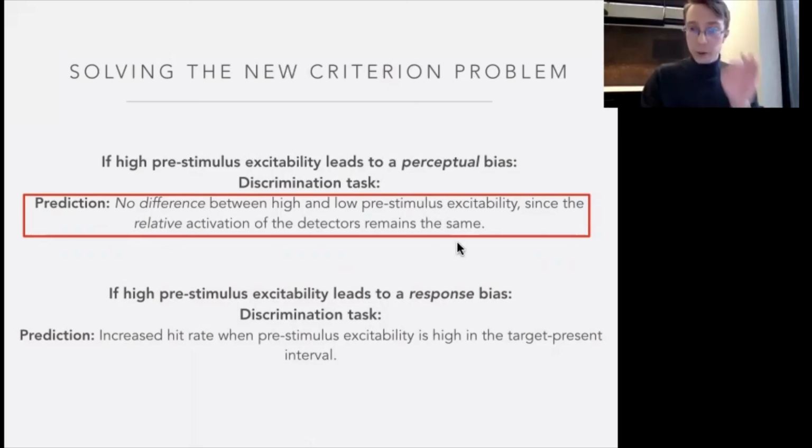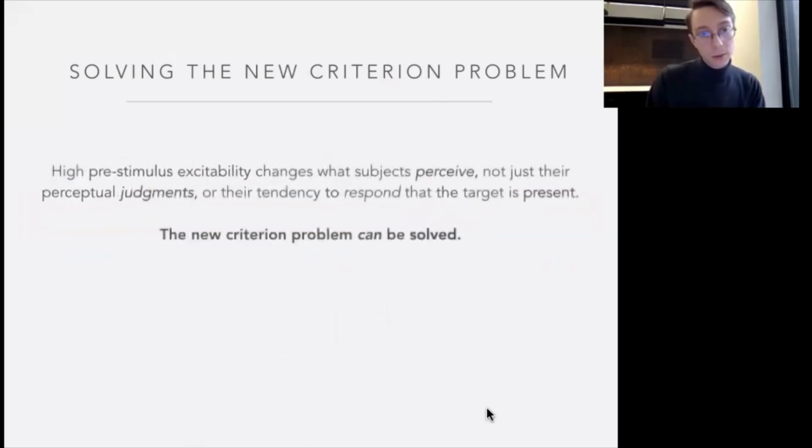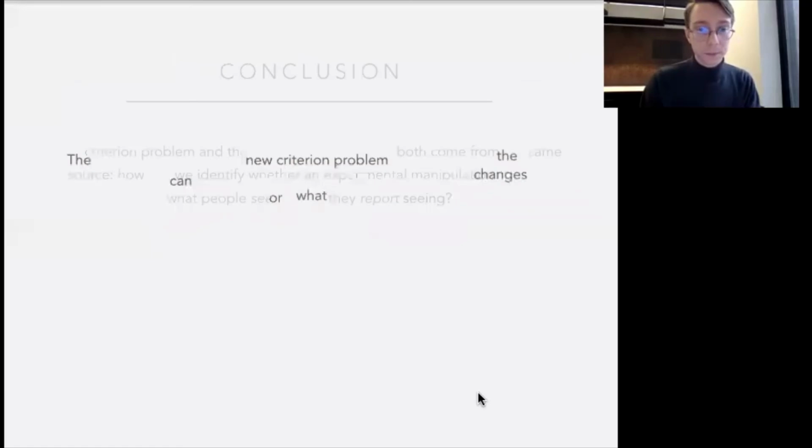And so we can conclude from that that high pre-stimulus excitability does change your perception, not just your tendency to report that the stimulus is visible. So again, high pre-stimulus excitability changes what subjects perceive, not just their perceptual judgments or their tendency to respond that the target is present or more visible. So this shows that the new criterion problem can be solved.